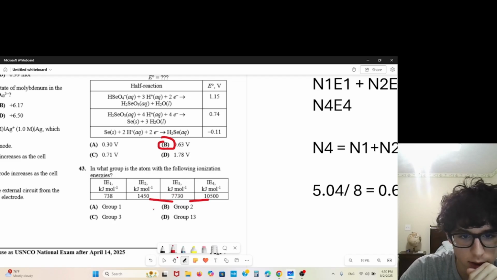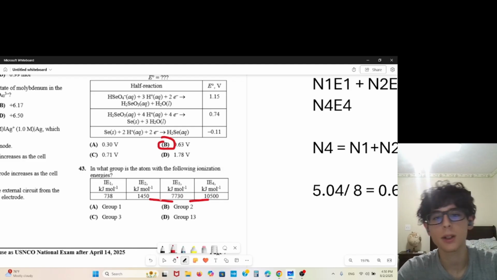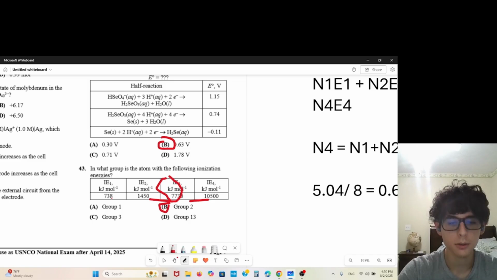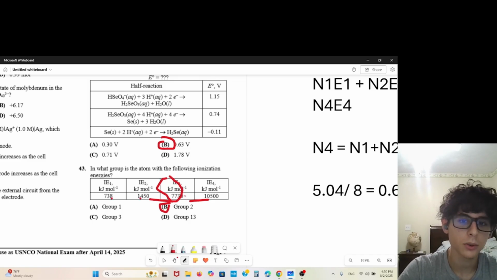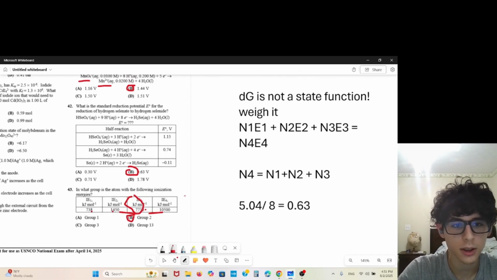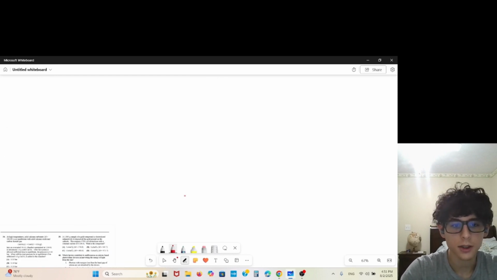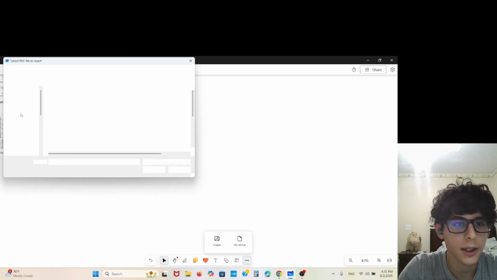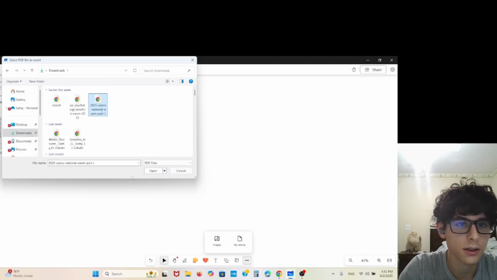This is about 6, 5, and this is not even greater than 1. So this is a big jump. So this electron has to be in a lower energy level. So this has to be group 2 because these two electrons are normal. You go to a lower group, it's closer to the nucleus, higher electrostatic forces. So yeah. Alright, let's move on to the next batch of questions.